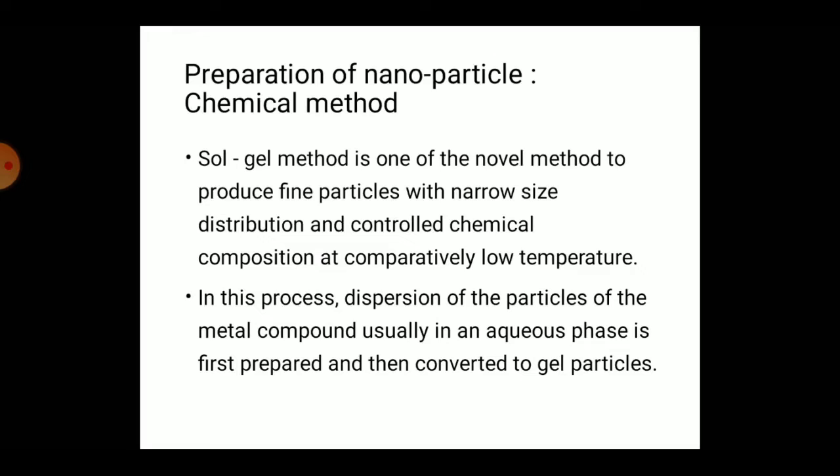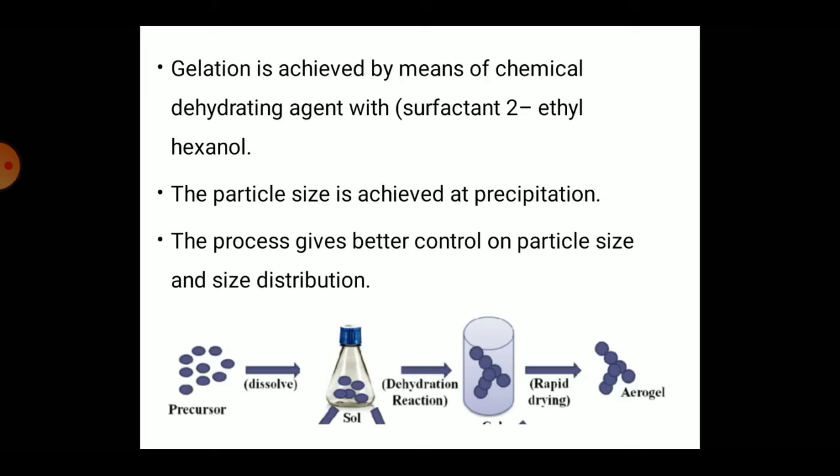And so in this process of Sol-Gel method, dispersion of the particles of the metal compound usually in the aqueous phase is first prepared and then it is converted into gel particles, which means your metal particles are first dispersed in aqueous solution. That means a solution is prepared first and then it is converted into gel state. So gelation in this Sol-Gel method is achieved by means of chemical dehydrating agent, that is your surfactant 2-ethyl hexanol.